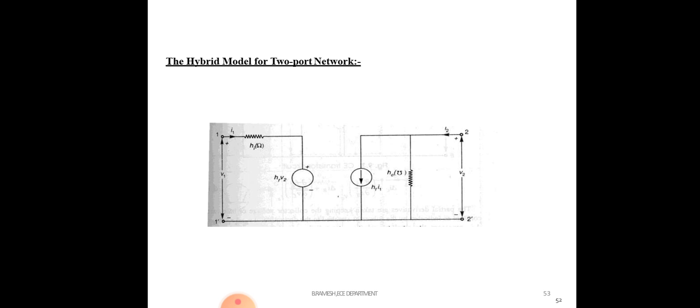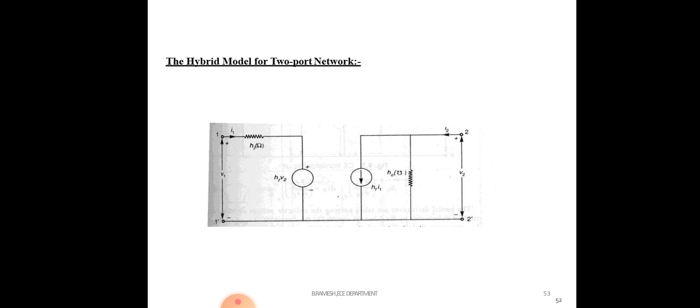Here hi is input impedance, so it becomes Hie for this configuration, and Hre, and V2 is VCE, which we will see in the next slide. Hf becomes Hfe, I1 becomes IB, and Ho becomes Hoe.